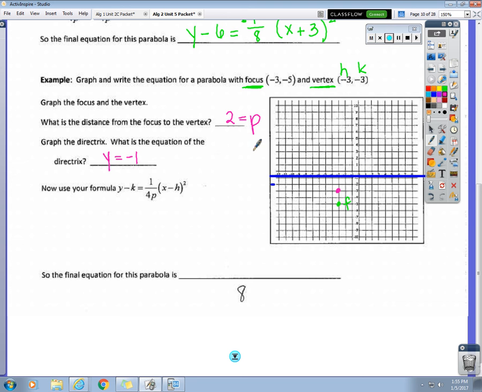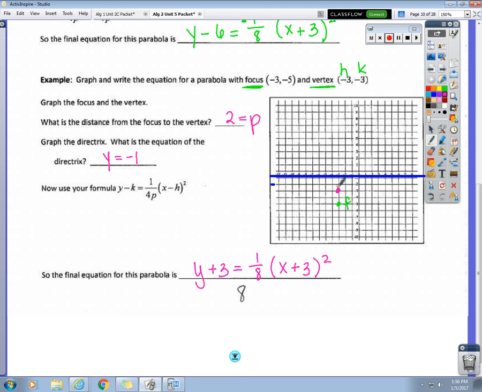So now look, we know the h, we know the k. Those were given to us right away, and we found out the p. The p is just the distance from the focus to the vertex, so we're ready to write the entire equation. y minus k, which is, a minus a negative will become a positive 3, equals 1 over 4 times p, which would give you 8, because 4 times 2 is 8, and then parenthesis x minus h would be another negative 3, which would turn that into a plus 3.